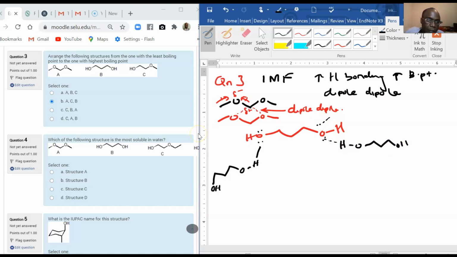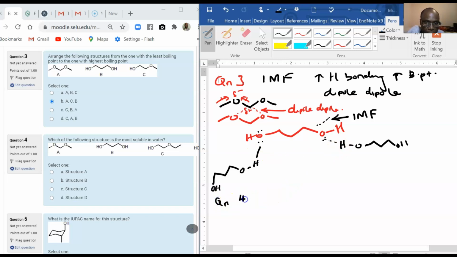So the more intermolecular hydrogen bonding you get, the stronger the binding of the two molecules, and then the higher the boiling point. So arranging from the least boiling point to the highest, B will have the highest, so the answer is B for that one.